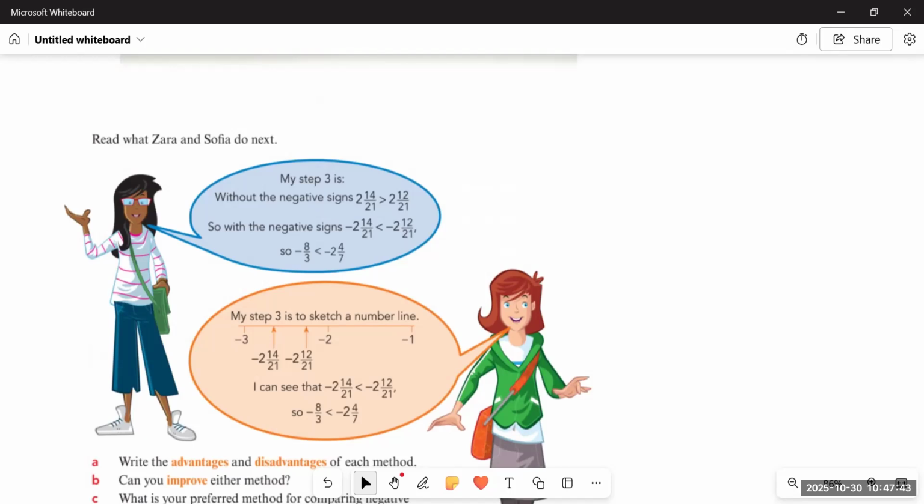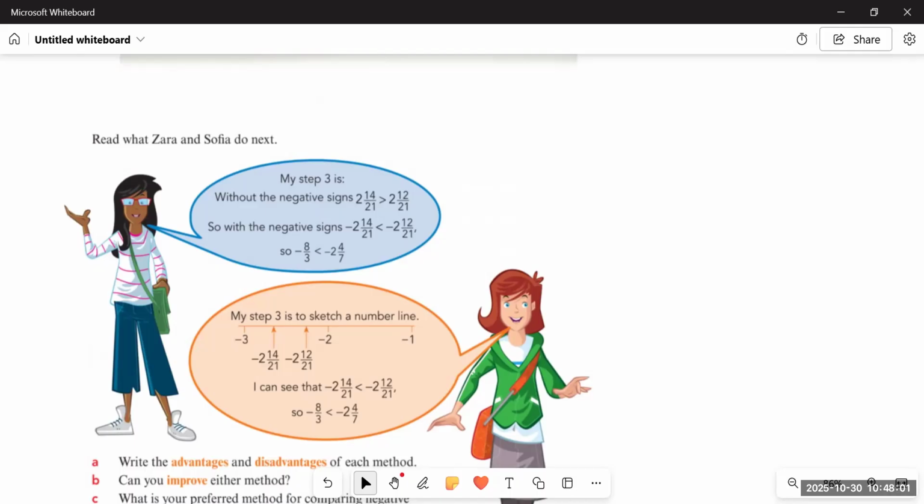The number which would be on the left of the other number will be smaller and the number to the right would be greater. Since minus 2 whole 12 over 21 is on the right, it is greater, and hence minus 2 whole 4 over 7 is greater than minus 8 over 3.